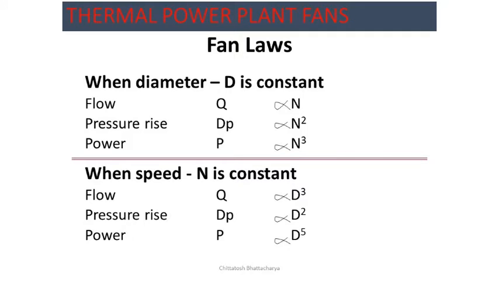Let us now try to understand the governing principles of fan performance and basic fan laws. When the diameter of the impeller is constant, then flow quantity is proportional to RPM at which the fan is run, and differential pressure existing between the inlet and outlet is proportional to RPM square.